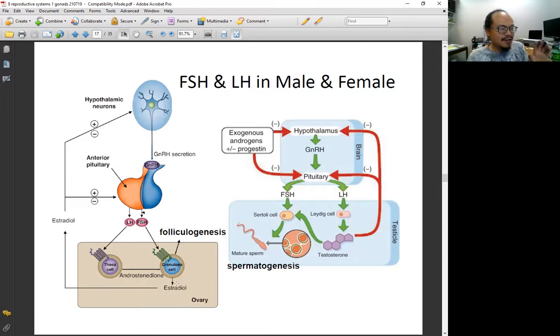So basically, the purpose of putting this picture side by side is that in male we have Sertoli and the Leydig cells. In the female we have the follicle cell or the granulosa cell and the theca cells. So you can always find some comparable item or parts in male compared to the female.